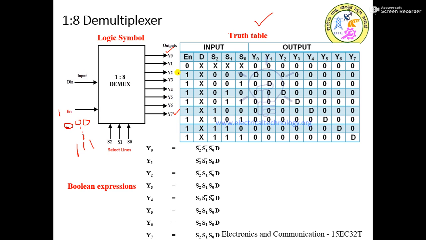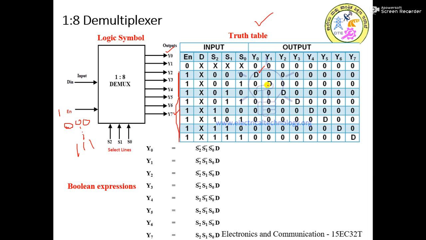For the next 8 combinations, the enable pin is high. Since the enable pin is high, now the system will look for the content on the selection pins or selection lines. With 0, 0, 0, Y0 is selected. As I told you, the information on the D input line will appear on Y0, and the rest of the output lines will remain 0.